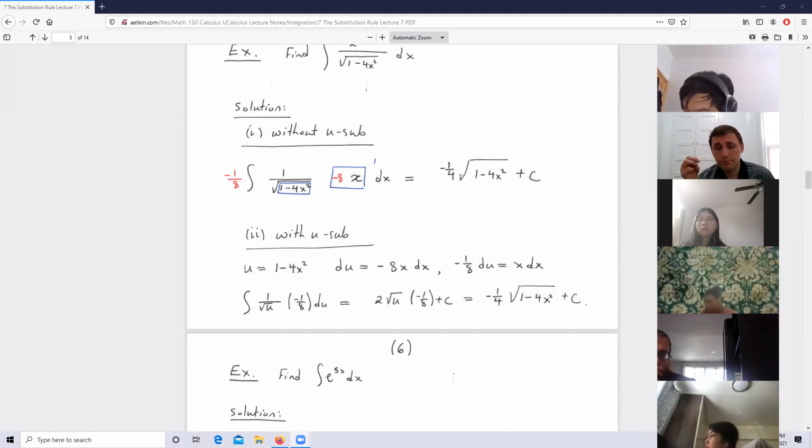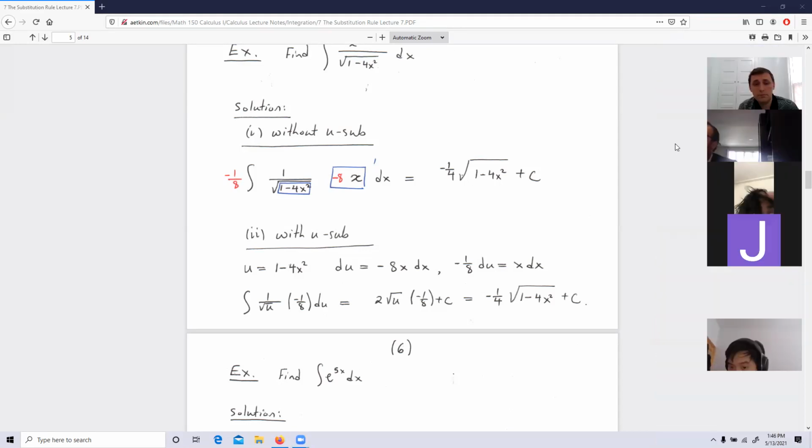Fast. And the answer is, the question is, this is the integral e to the 5x. What do you want to be in the box, dx? What do you want to be in the box here? Five.